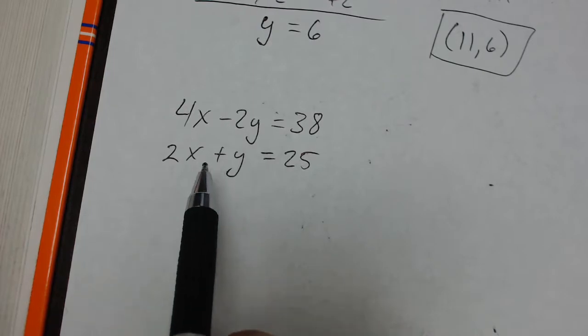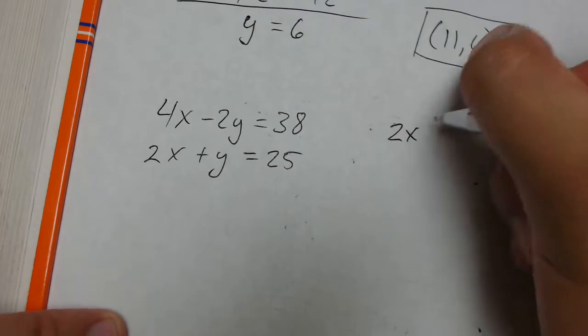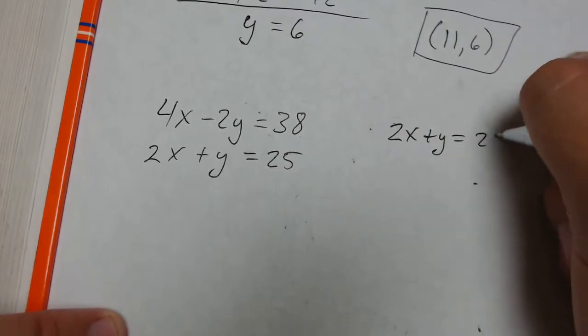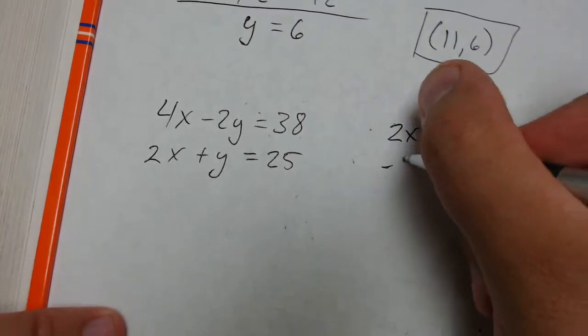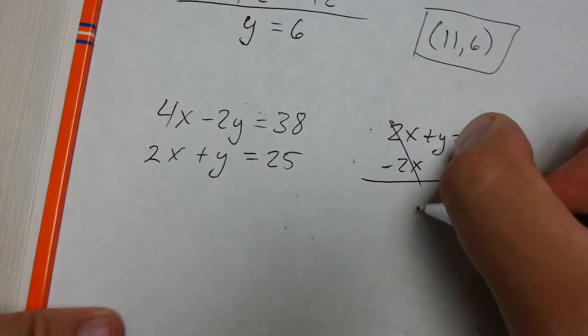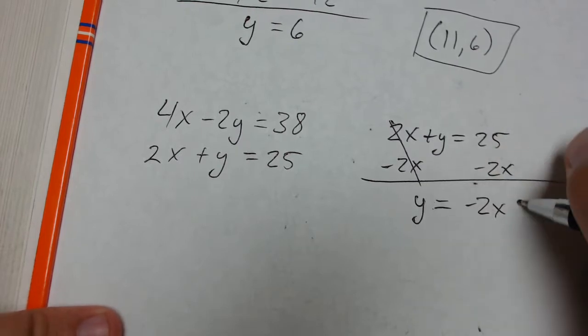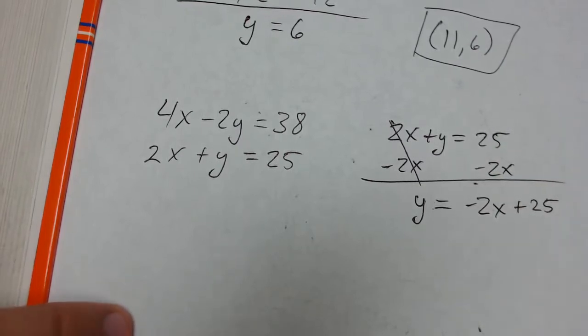This one has a coefficient of 1, so this is the easiest one to solve. So I'll go ahead and copy this one off to the side. I've got 2x plus y equals 25. I can subtract 2x from each side. Then I have y all by itself, and y is going to equal negative 2x plus 25.